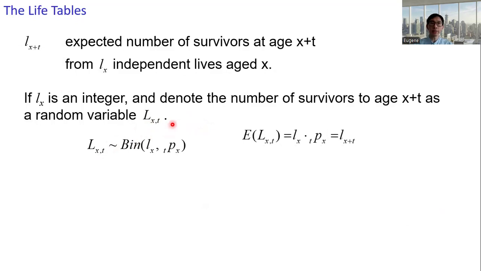And we can get the expected value of Lxt, which is Lx plus T. So this is the expected number of survivors reaching age x plus T. And we can also get the variance: Lx times Tpx times 1 minus Tpx, which is Lx times Tpx times Tqx.